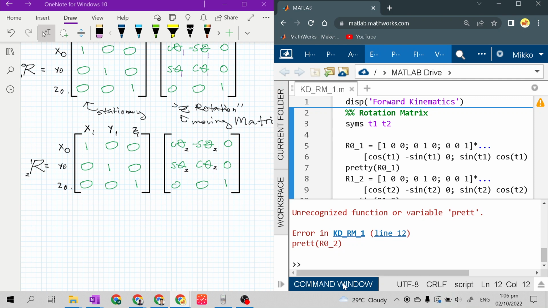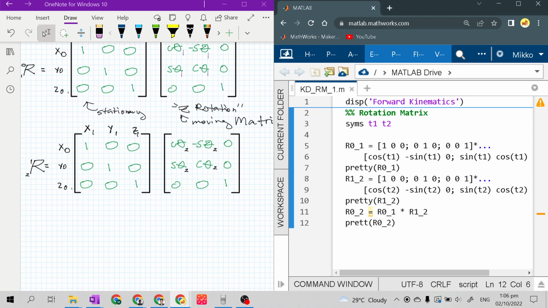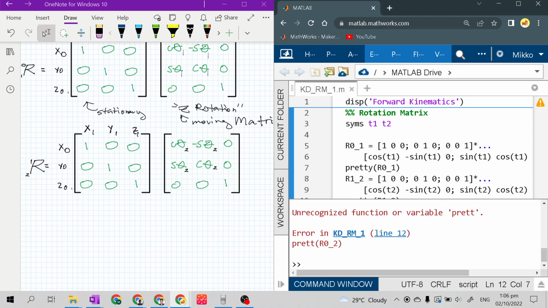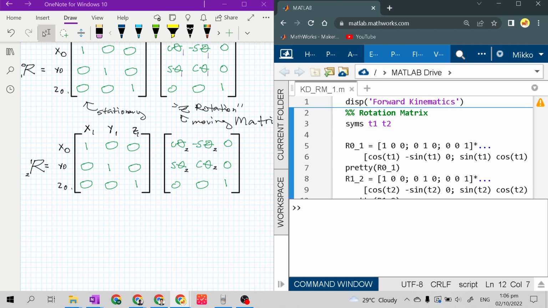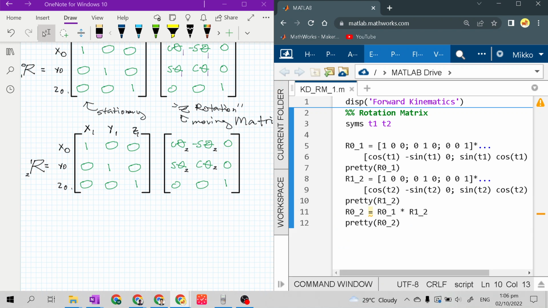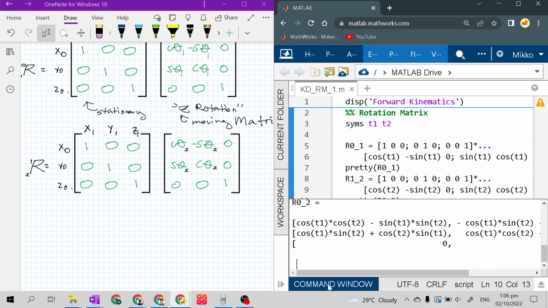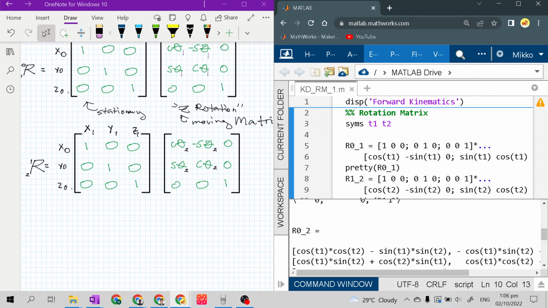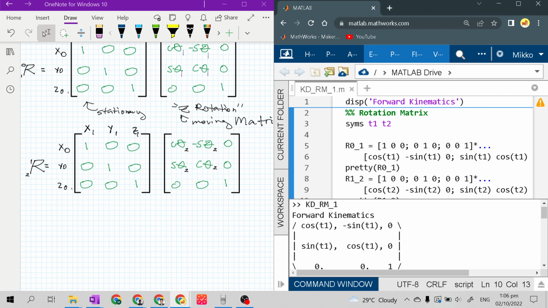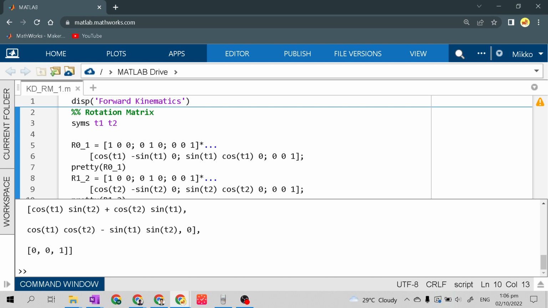Oh, it's print. Okay, there's an error again. Clear all, CLC. Okay, F5. Let's make this bigger.